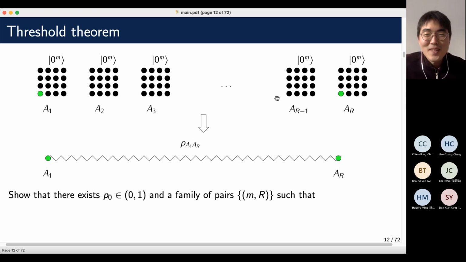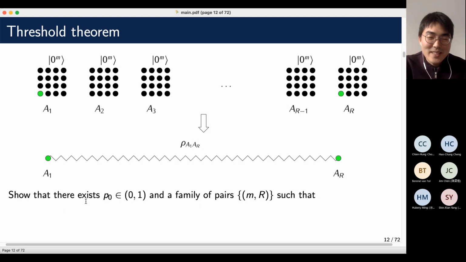Okay, so in our paper, we give a very concrete proof of what we call a threshold theorem. So this is the statement as follows.